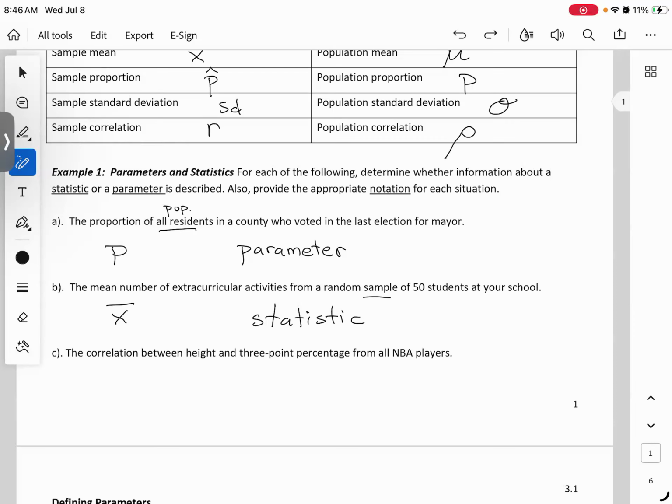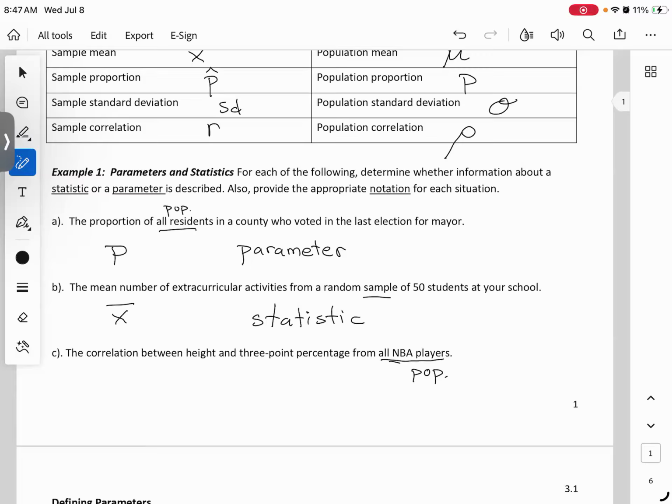Okay, so we're looking for two different things here: whether this was the result of what they did, whether it would be a parameter or just a statistic. And this one, since they did it based off of all NBA players, and for us, that's the main trigger word whenever we're doing one of these homework problems: if it says all, that's a population.